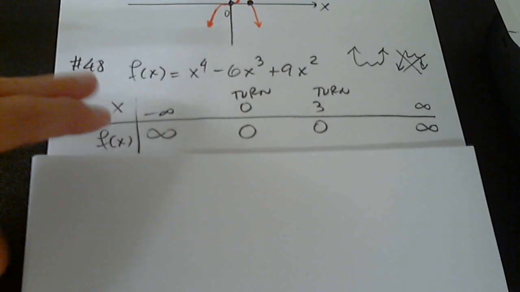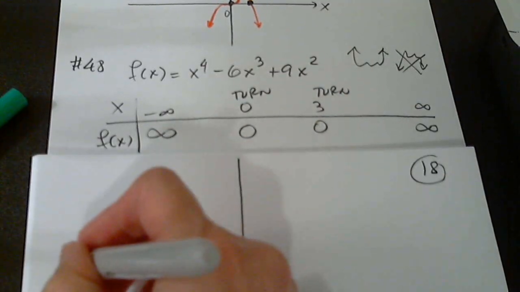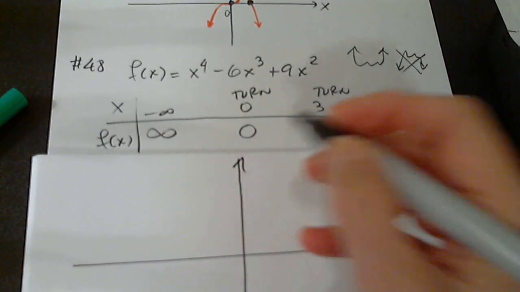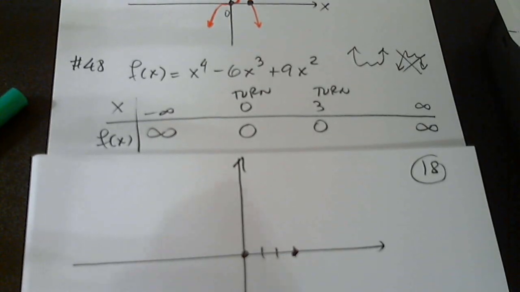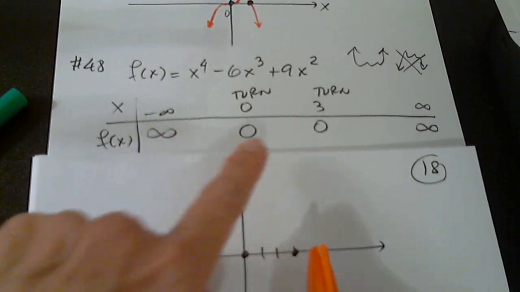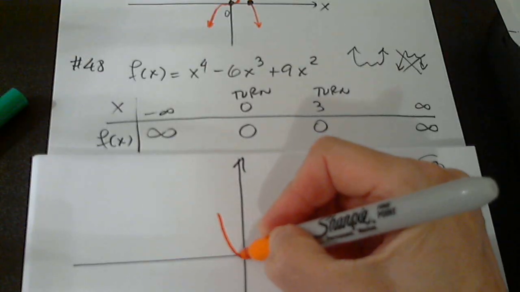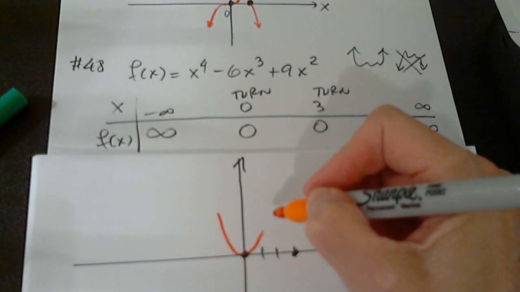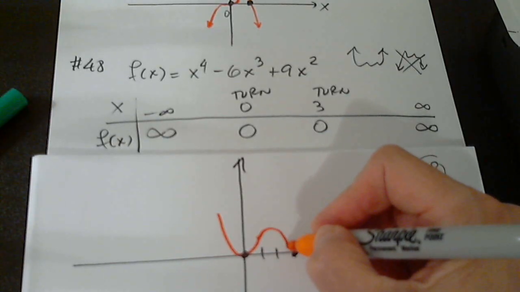Now we have to come up with a graph. Zero, zero, 1, 2, 3. We read the table. It's coming from positive infinity and turns. But it has to come up to something because it comes back down to turn again.